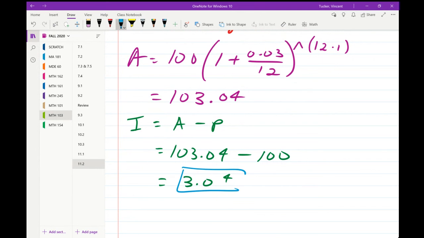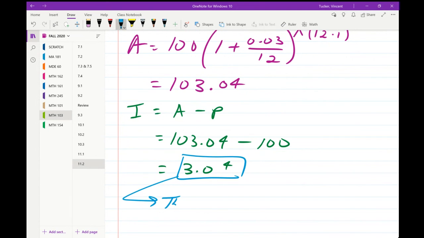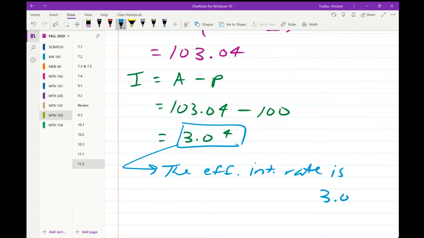And so we'll take that and say the effective interest rate is 3.04%.